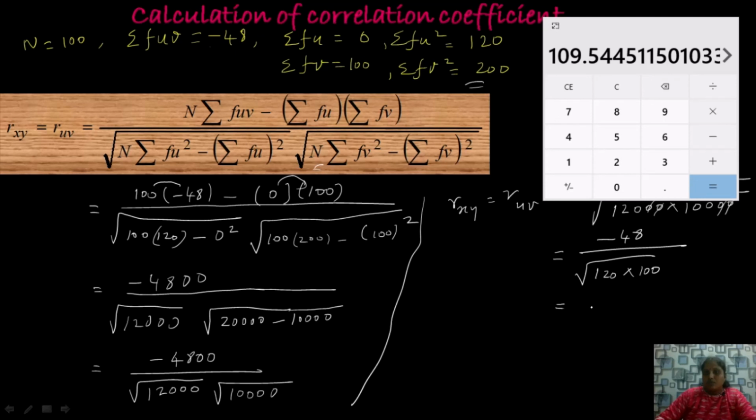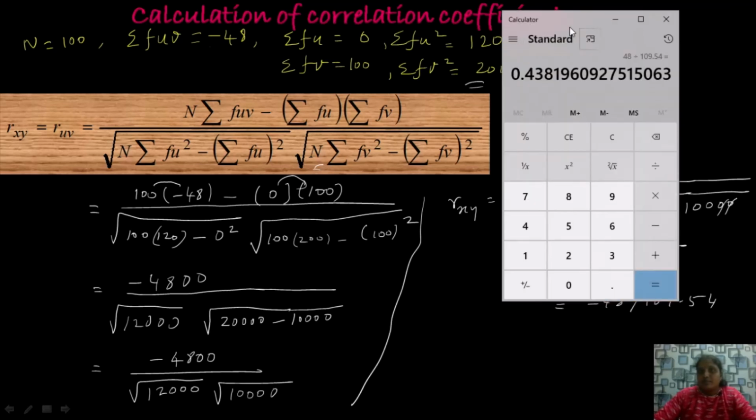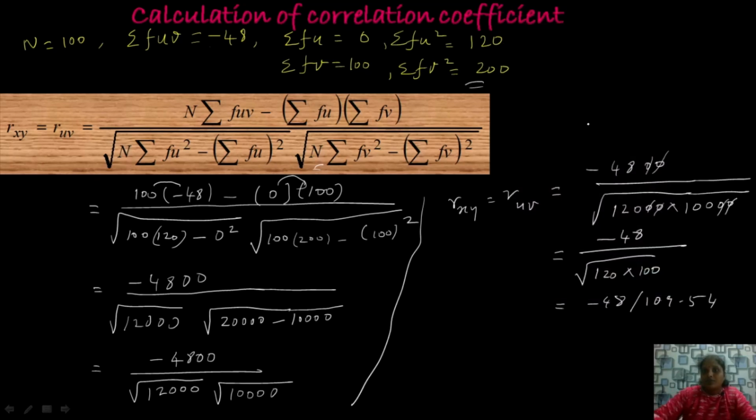So minus 48 over 109.54, and when you divide 48 by 109.54, you get 0.4381. We have to take up to 2 decimal places, so 0.44. So minus 0.44. So the correlation coefficient between x and y is minus 0.44.